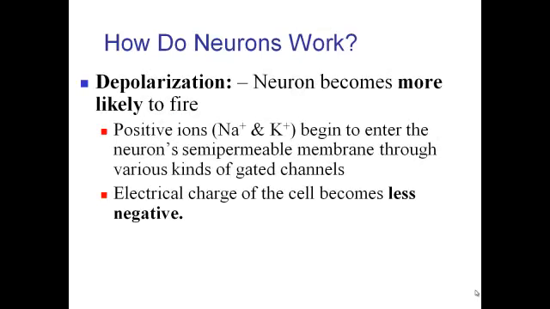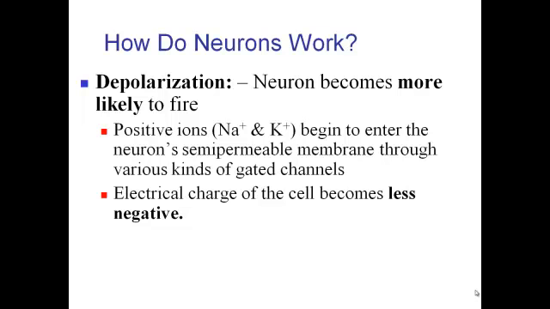So we said before, the neuron, when it's at rest, has a negative charge inside. Well, what happens when positive ions from outside the neuron start coming into the cell? What happens if some of those openings in the semi-permeable membrane start opening up? And now you've got positive ions coming in. Don't forget, it's negative on the inside, positive on the outside.